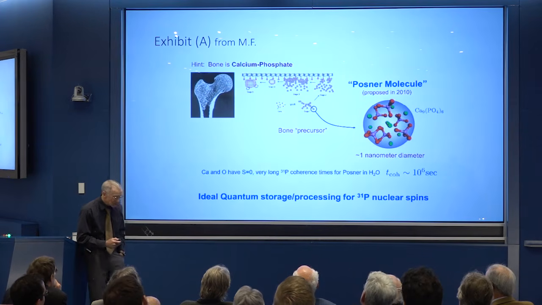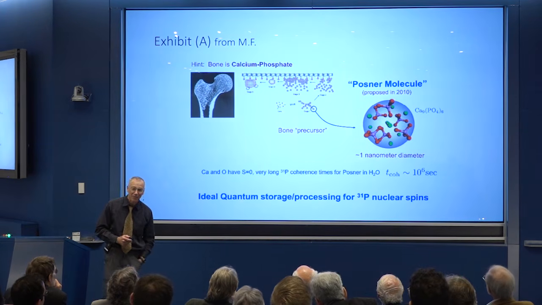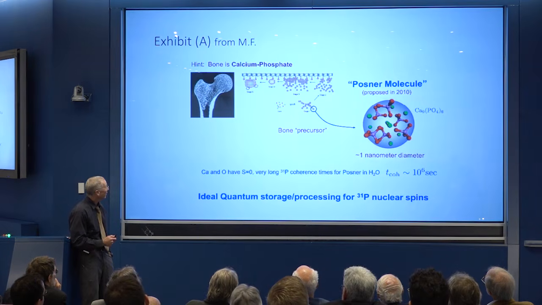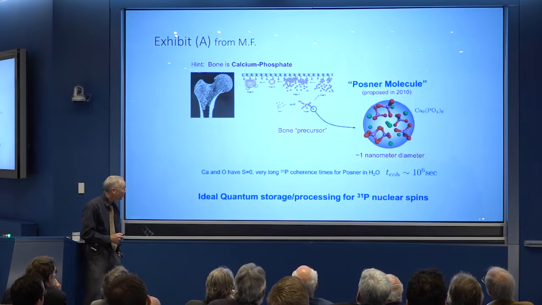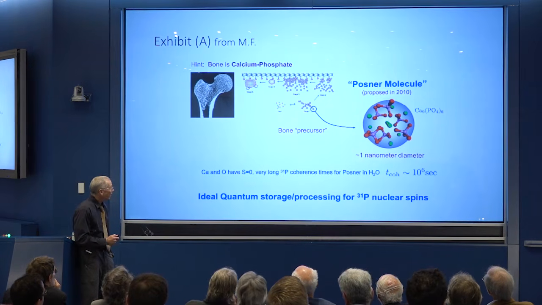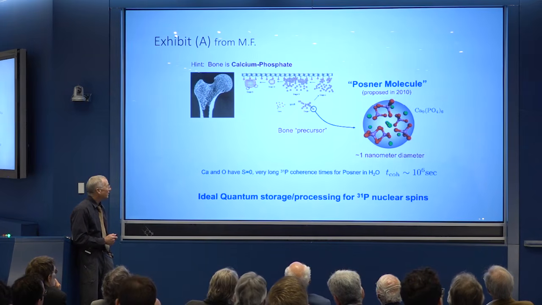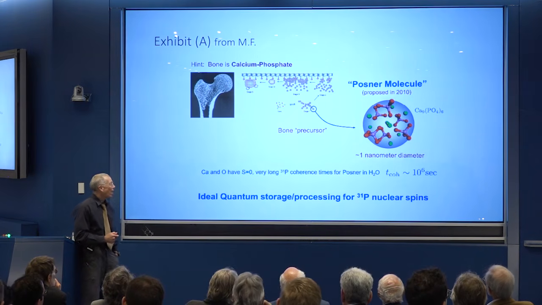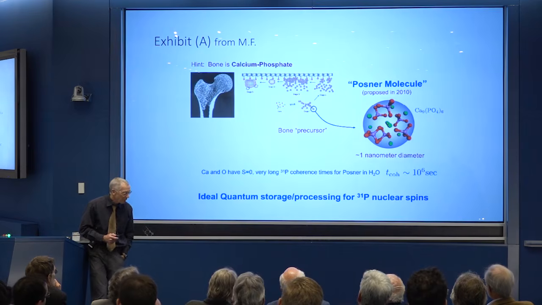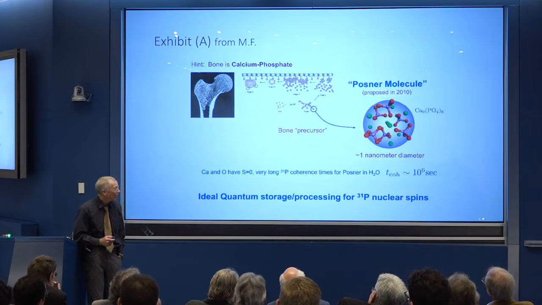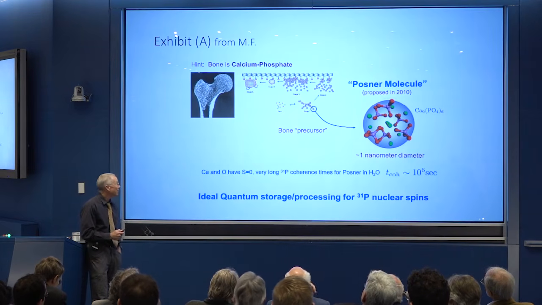So let me just give you an exhibit for A and an exhibit for B. This is a page from one of Matthew's recent PowerPoints explaining maybe a key moment in his story about how possibly quantum mechanics might be involved in neural processes.